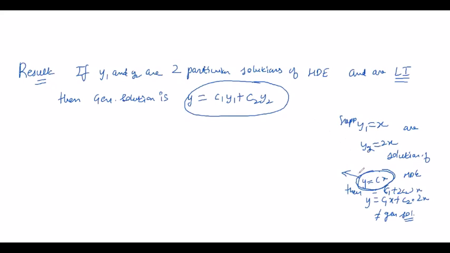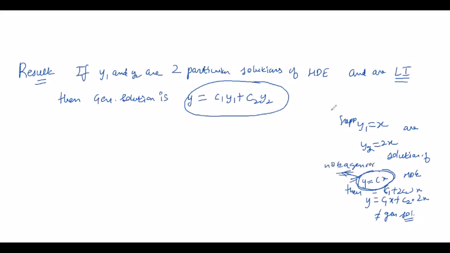That's the first definition of general solution: an expression is named the general solution if it contains as many arbitrary constants as the order of the differential equation. No doubt it will be a solution; you put it into the differential equation and it will satisfy it, but it is not the general solution, because it contains just one arbitrary constant.